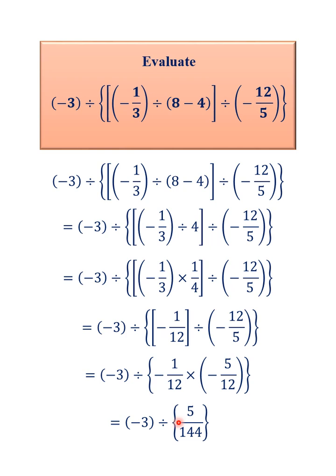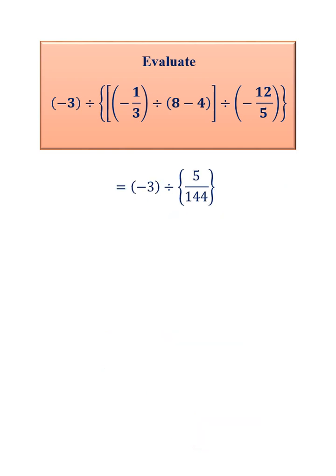So you can see that we have ended up simplifying what is in this curly bracket to a simple fraction of 5 over 144 within the curly bracket. At this point, we can take away the brackets and solve further.